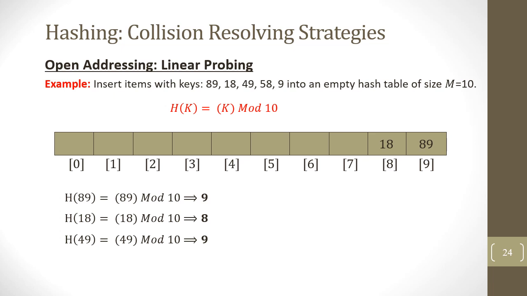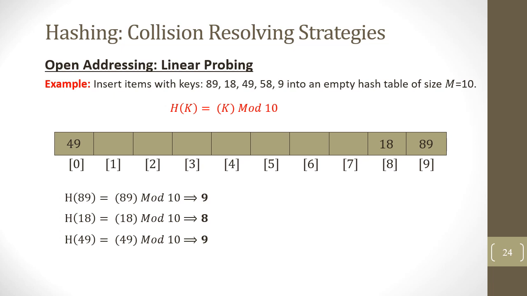Now the ninth location is already filled. So where would the 49 go? So we look at the next location of 89. Since it is the end of the table, we go to the start of the table. So the first location we find empty, we will place 49 over there.